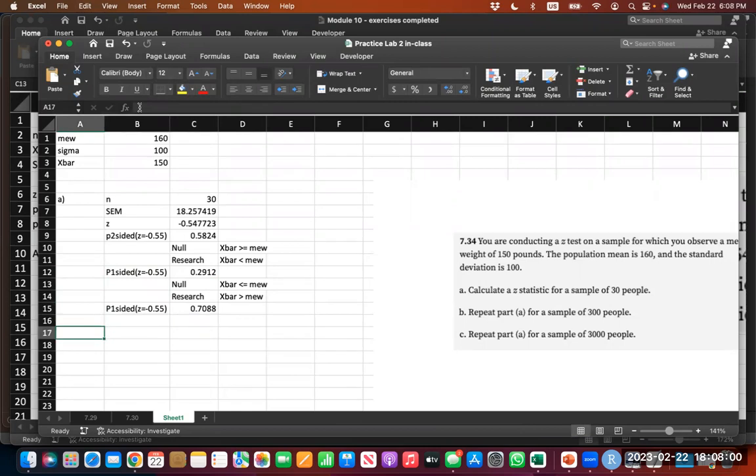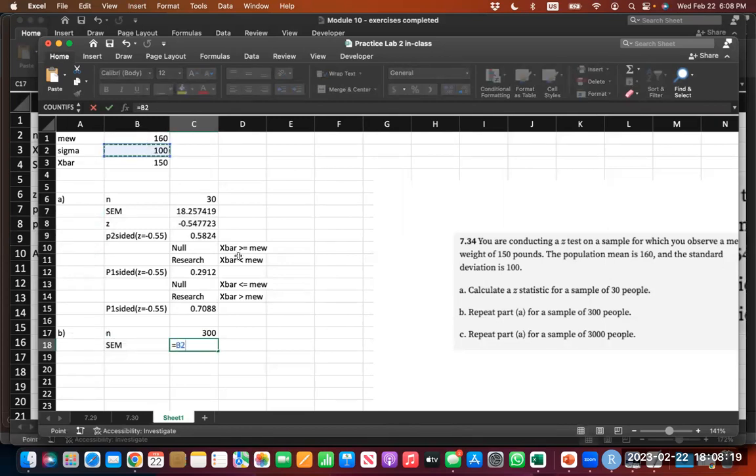If we're increasing now the sample size and our N is 300, we're calculating the standard error of the mean by taking our sigma of 100 and dividing it by the square root of N of 300. That gets us to 5.77, so it's substantially smaller, right?